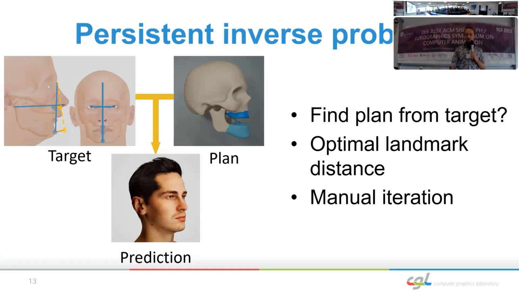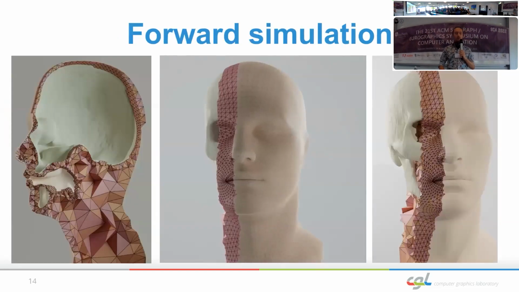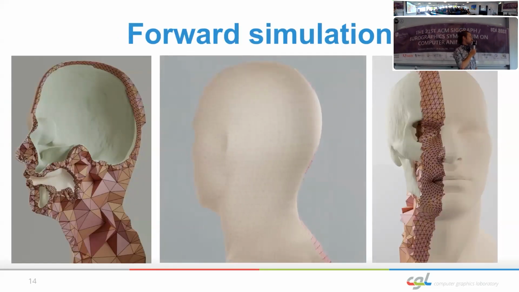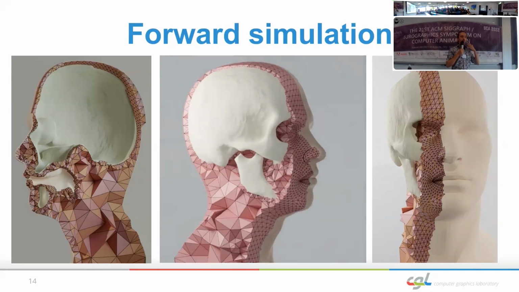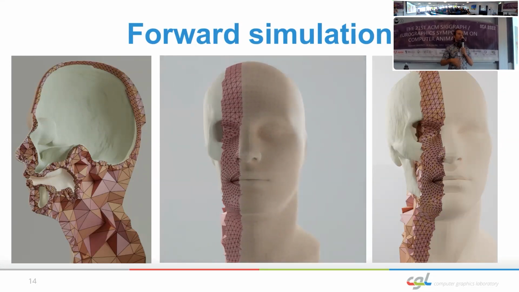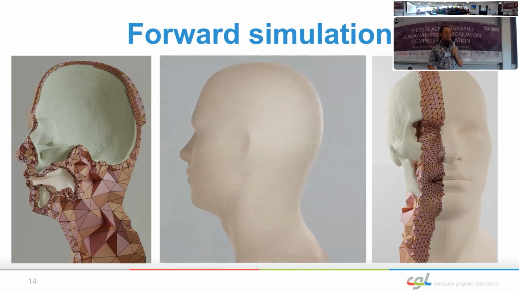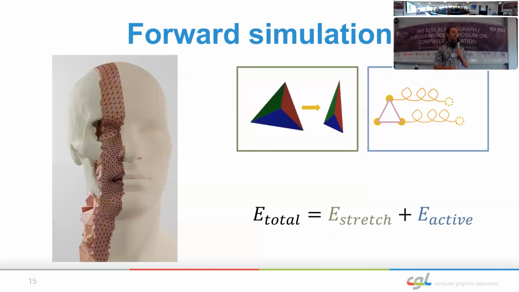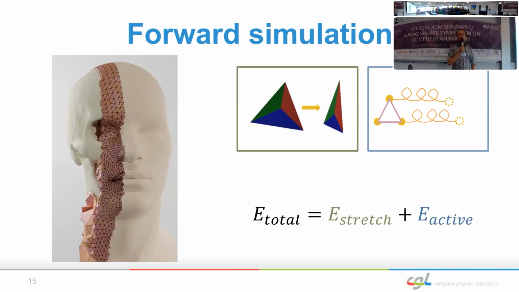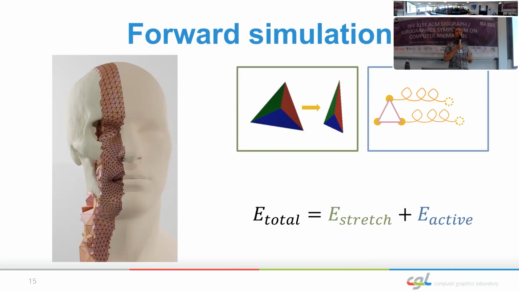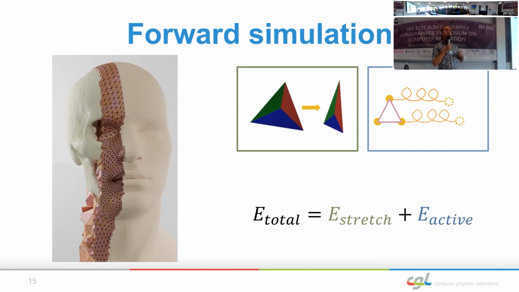So our simulation mesh spans the facial soft tissues between the skin and the skull. And we use a simple simulation energy that includes an elastic term for the deformation of the tetrahedra, as well as an active term that allows us to model the effect of the surgery. And what this does is it pulls the vertices on the bone towards their post-treatment location.